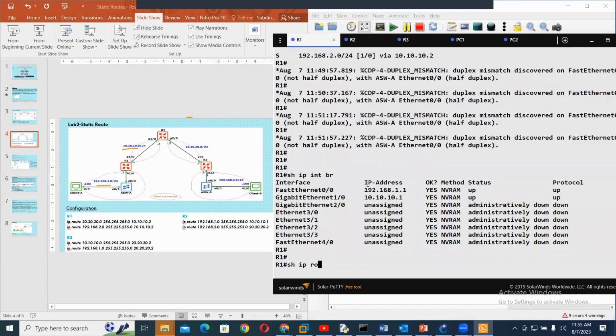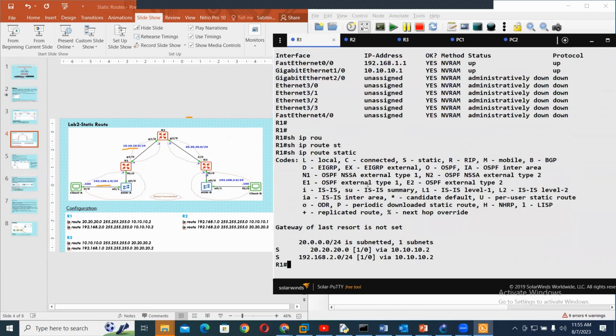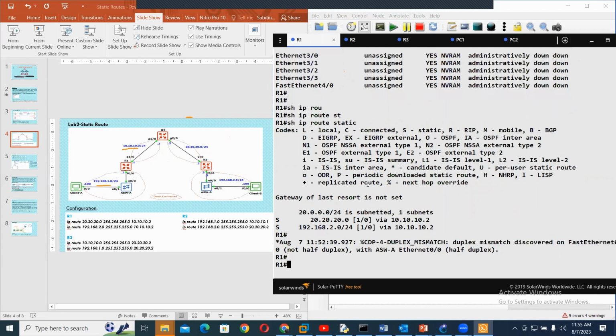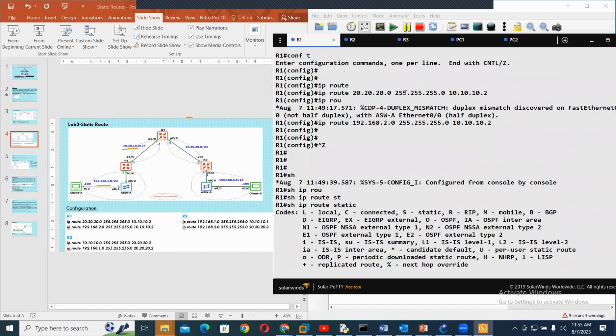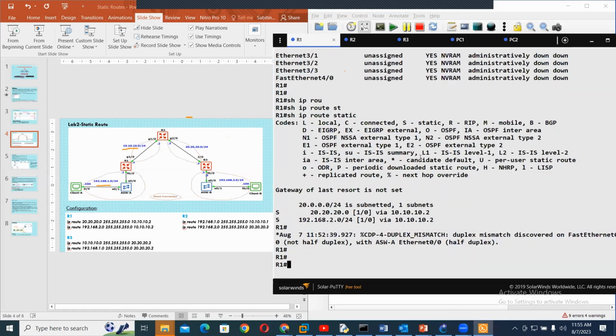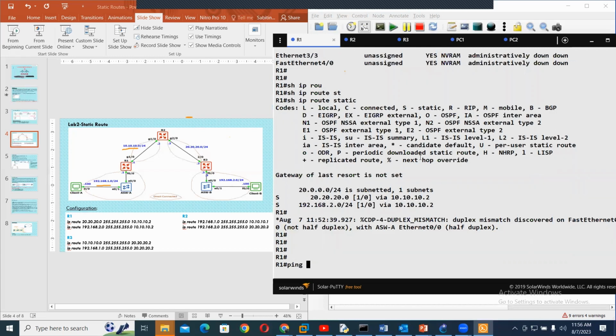Show IP route static. Yes, it's okay. Let me try to ping 20.20.20.2.